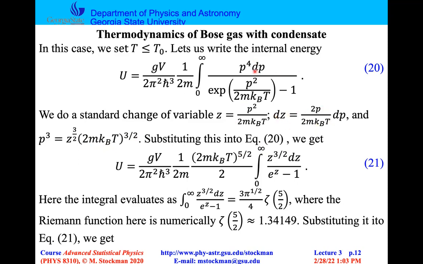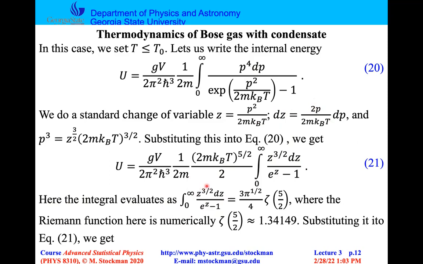Z will be to the power cube, so I get z to the power 3/2, and p dp is dz. So it is z to the power 3/2 dz. The argument of the exponential is z. The 1/2 comes from this 2p. Here the integral evaluates as the integral of z to the power 3/2 dz over e to the z minus 1.